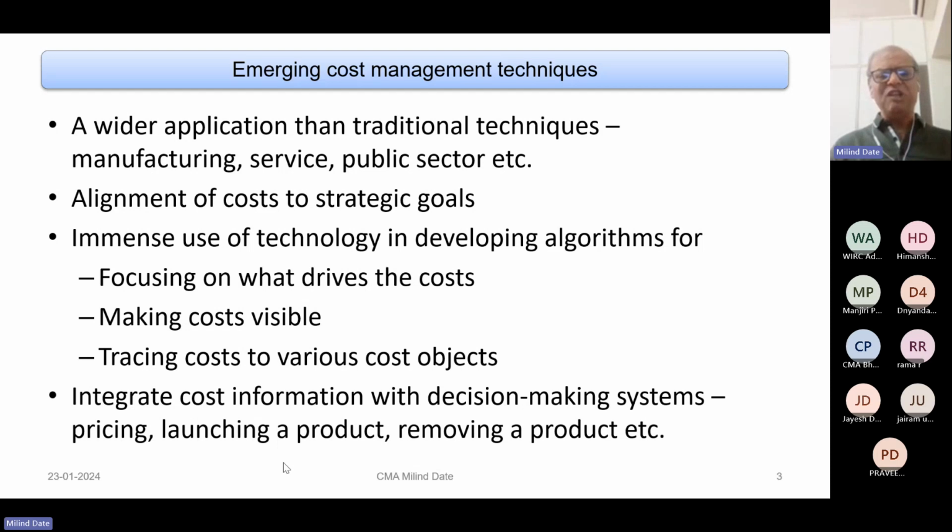And the new age industries such as hospitality, health services, logistics, supply chain, telecommunications, travel, tourism, entertainment, these are all modern time services, and each of these services would require a different approach when you want to look at the costs with respect to your strategic goals.